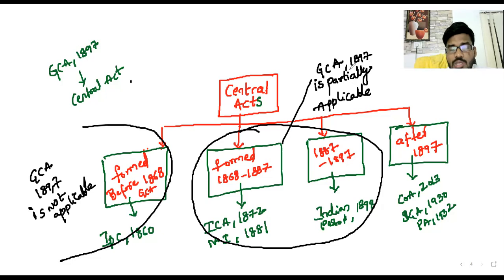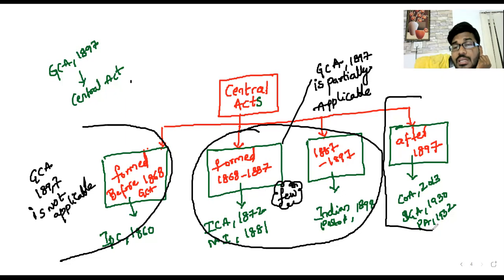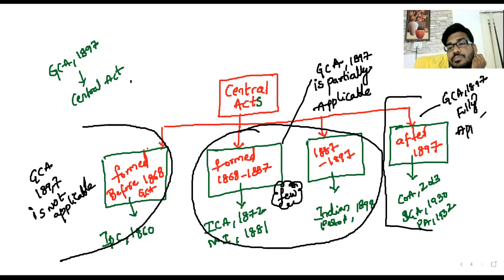Partially applicable means only a few definitions and concepts are applicable, not all. Any act formed after 1897, GCA 1897 is fully applicable. So like that, the applicability of the General Clauses Act.